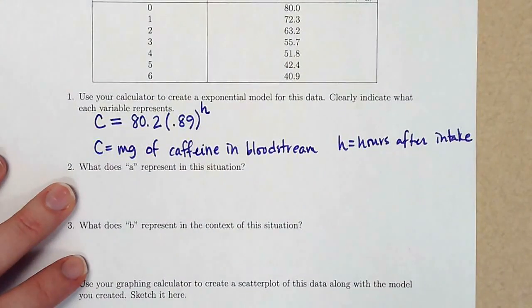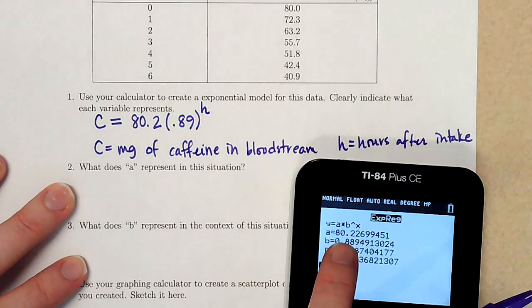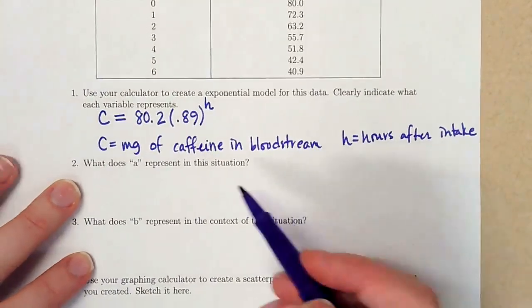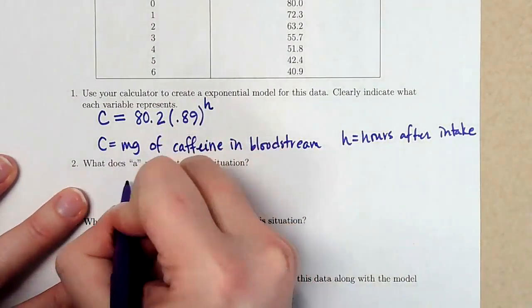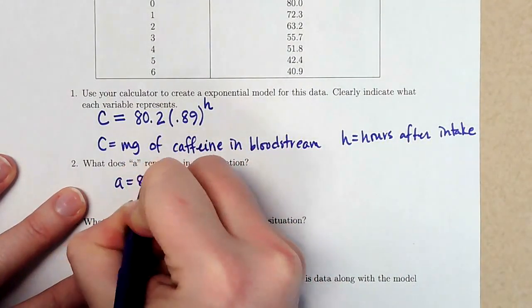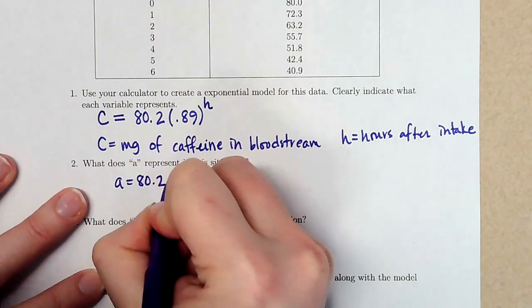What does the A represent? Well, remember, A is that 80.2. The A is the initial. So A equals 80.2 here.